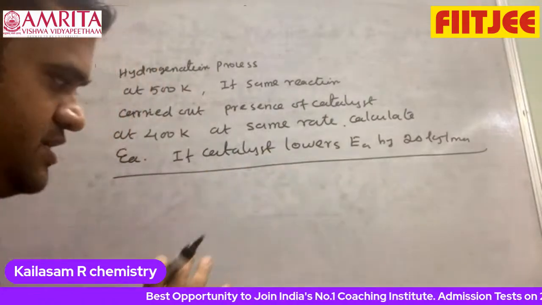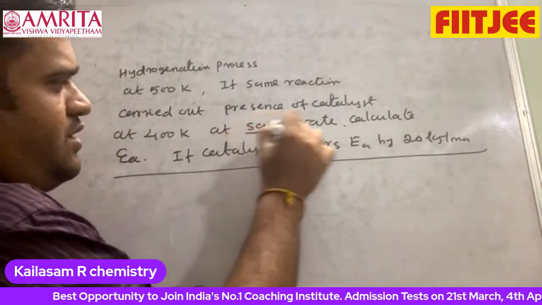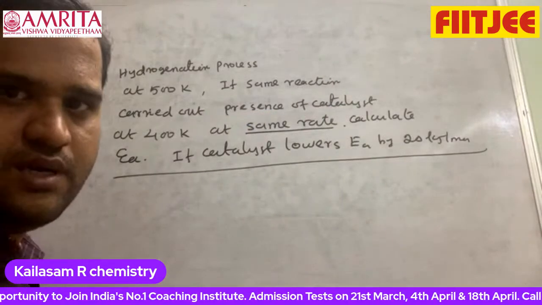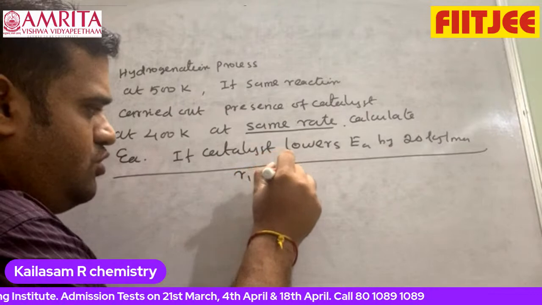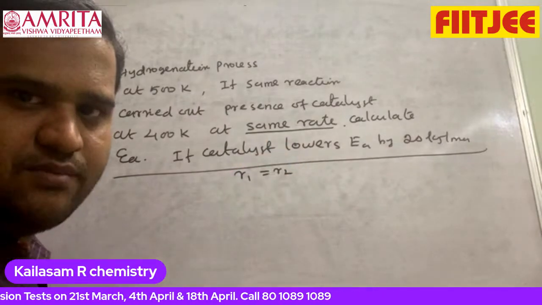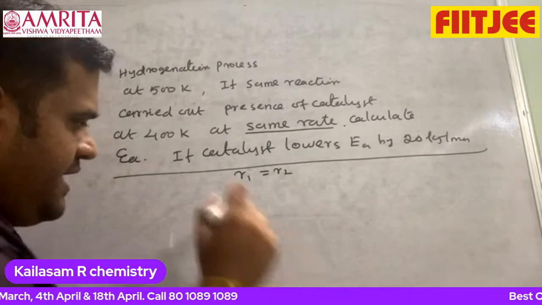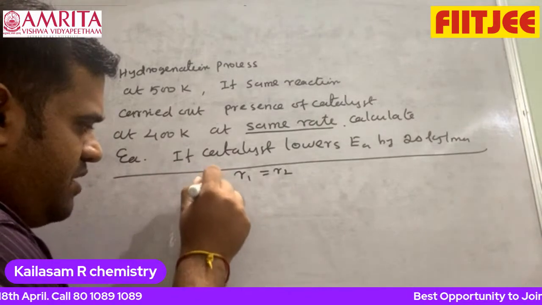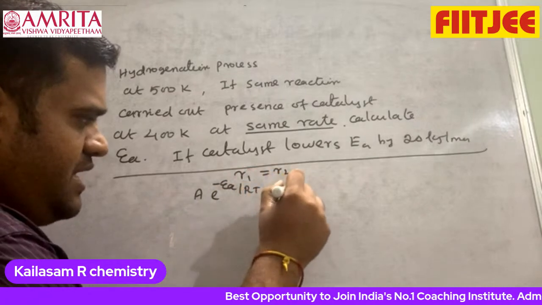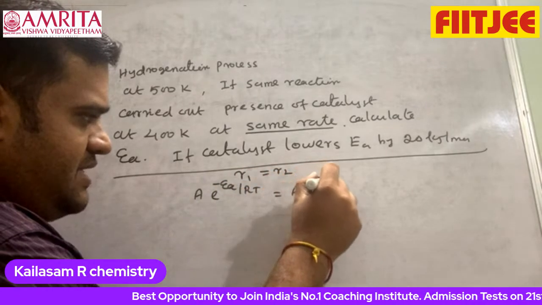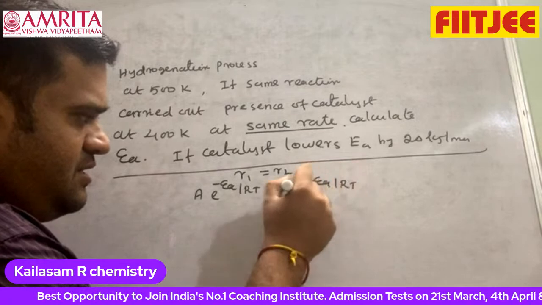Now, this line is important: the rate is same. The rate is same means what? I can write R1 is equal to R2. Rates of reactions are the same. Therefore, I can write A e power minus EA by RT for the same reaction, A e power minus EA by RT, and A cancels off.